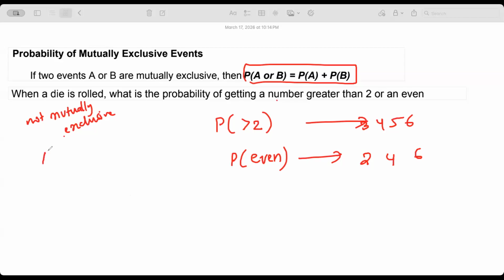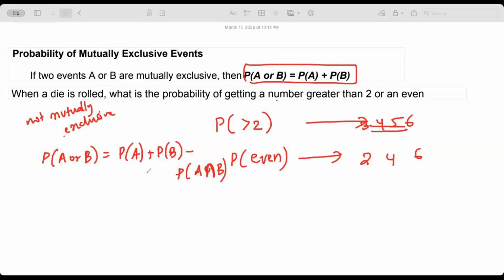So, you know what you do? Probability of not mutually exclusive events: A or B will be equal to probability of A plus probability of B minus probability of A and B. A and B is written like this. You get it? A intersection B. So, what is that?